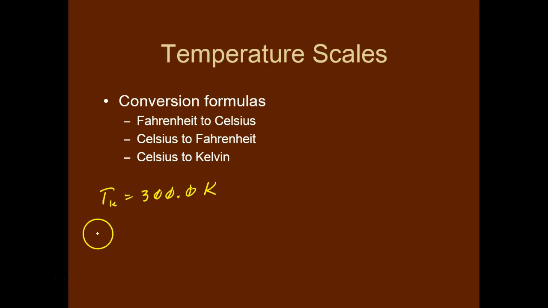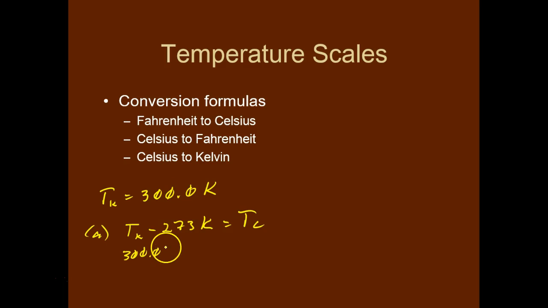Part A of the question says, what is the equivalent Celsius temperature? What did we just do? How do you get from K to Celsius? This was Celsius to Kelvin. You subtracted 273. So you do T sub K minus 273 K equals T sub C. So this would be 300.0 K, subtract 273.